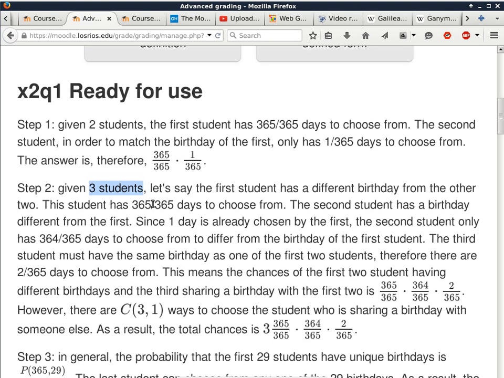But that's only one way to arrange it. In this particular configuration, A and B are different, but C can be the same as either A or B. So how many ways can we arrange it to have exactly 2 students in a class of 3 sharing the same birthday?